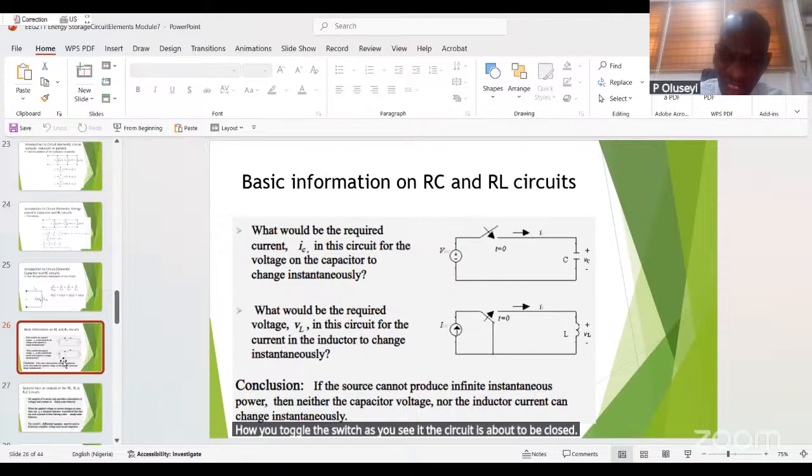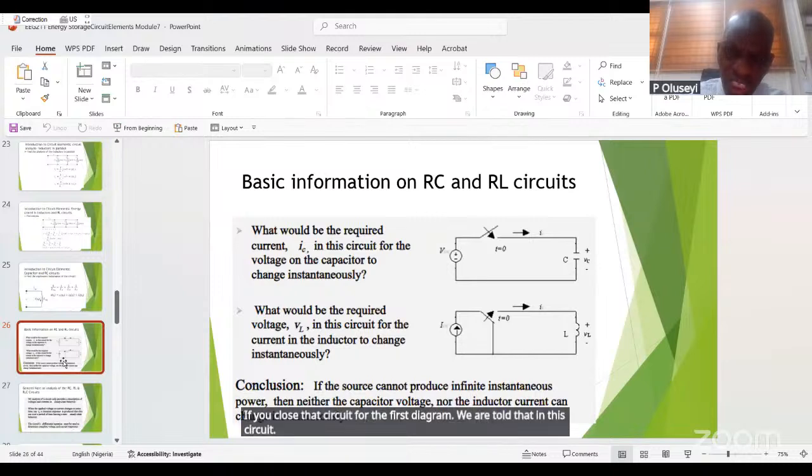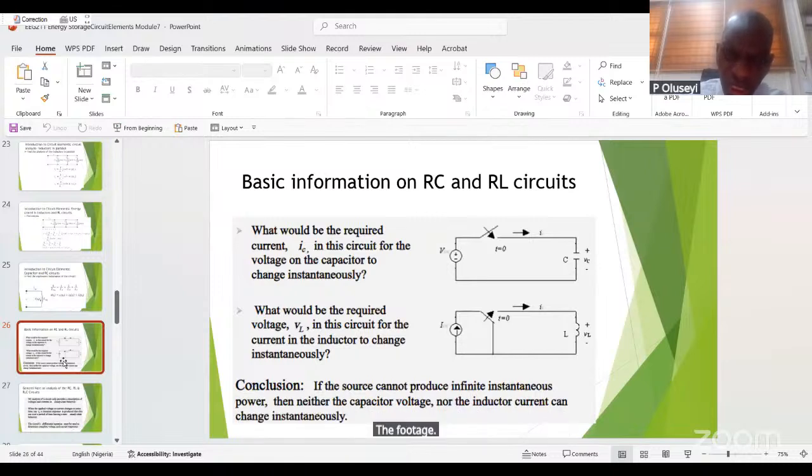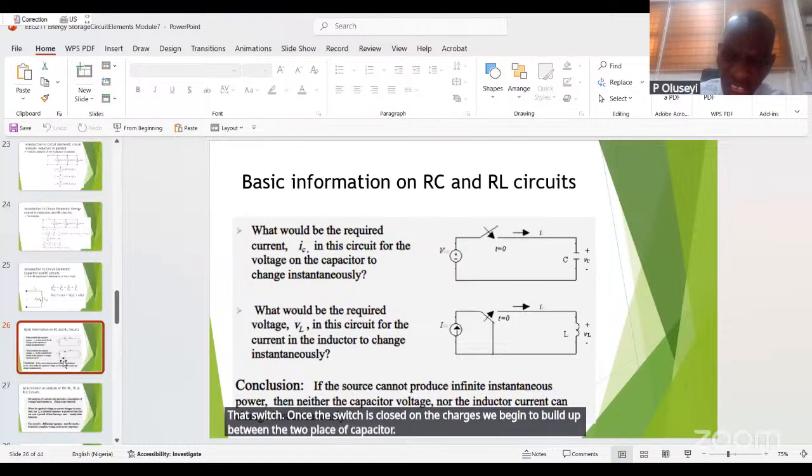If you close that circuit for the first diagram, the current will flow across that switch once it is closed, and the charges will begin to build up between the two plates of the capacitor, as we have said before.